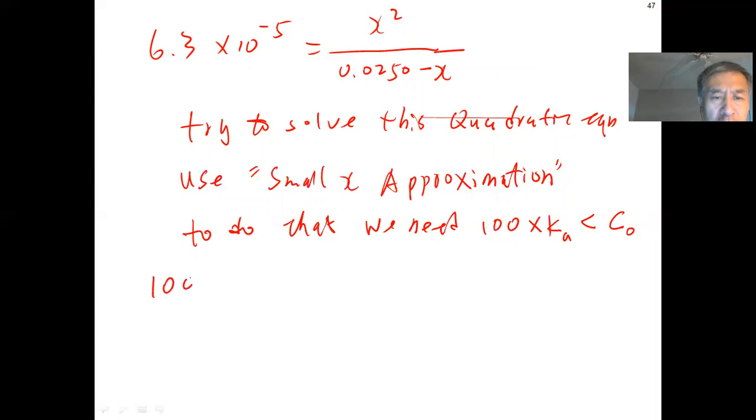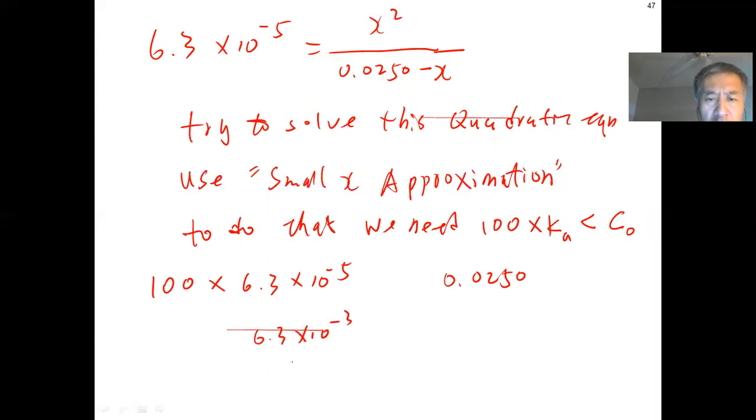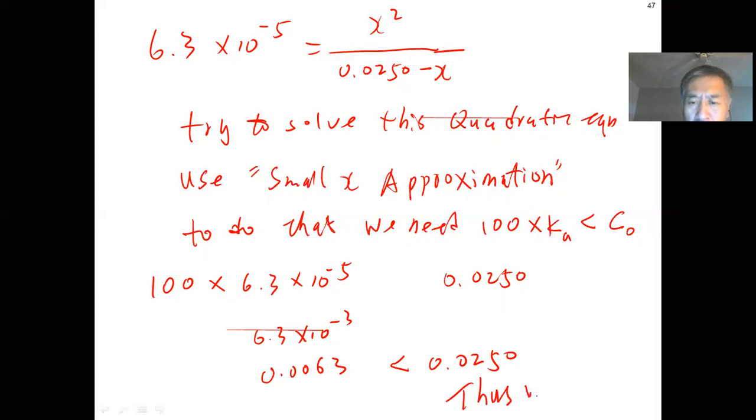We take 100 times our Ka, which is 6.3 times 10 to the negative 5, and compare with our C0, which is 0.025. 100 times 6.3 times 10 to the negative 5 becomes 6.3 times 10 to the negative 3, which can be written as 0.0063, and that is smaller than 0.0250. So we can use the approximation.